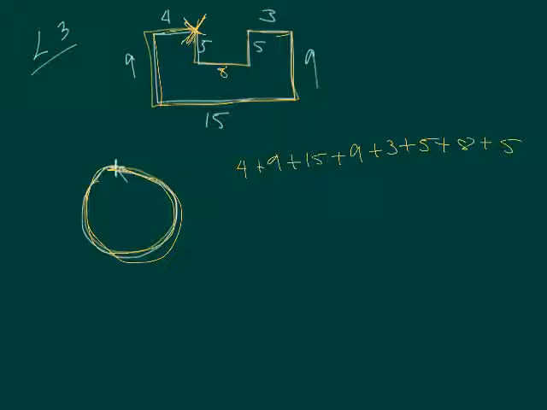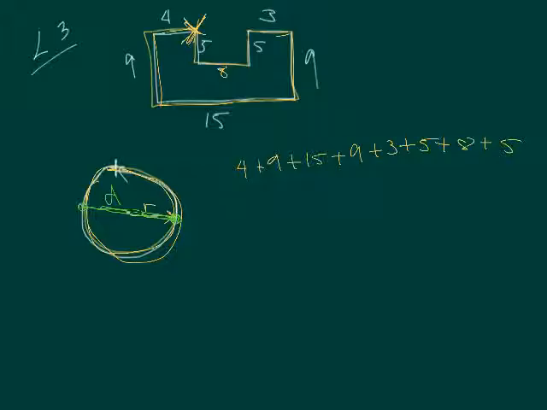Alright, we have a couple things to remember. We have a center point of a circle, and then we have a length that goes from the center point to any point on the circle, and that's called the radius. If I go from one point on the circle, and I go through the center point to another point on the circle, that distance that I have in green is called the diameter.